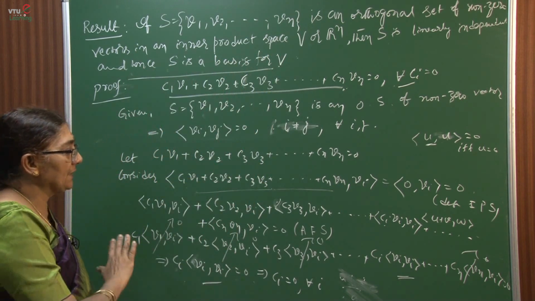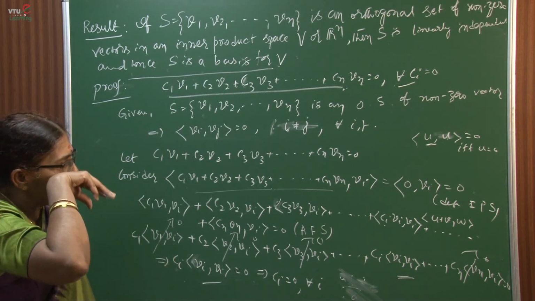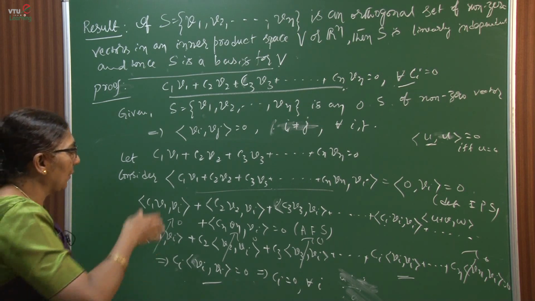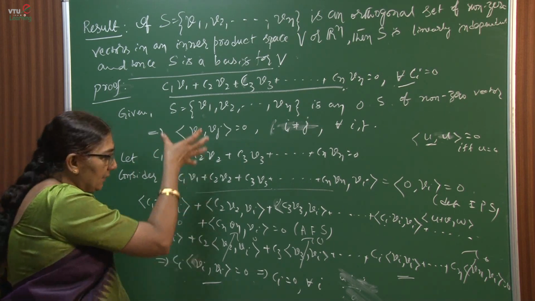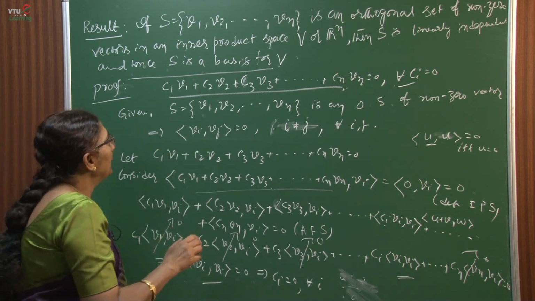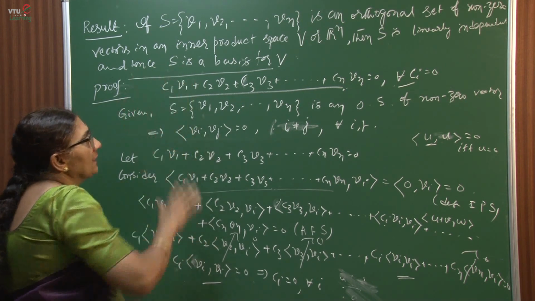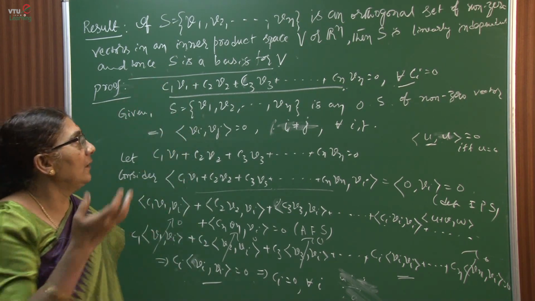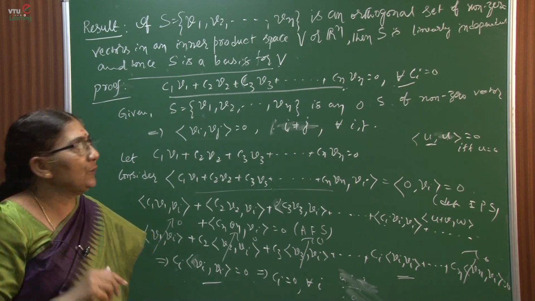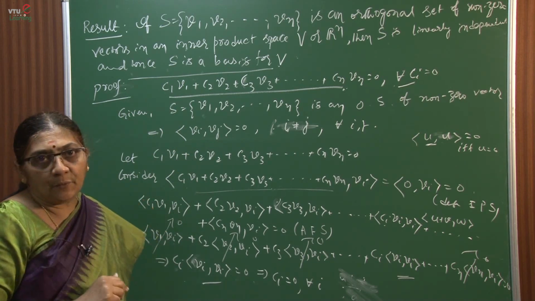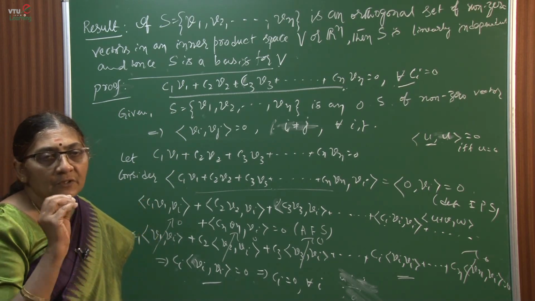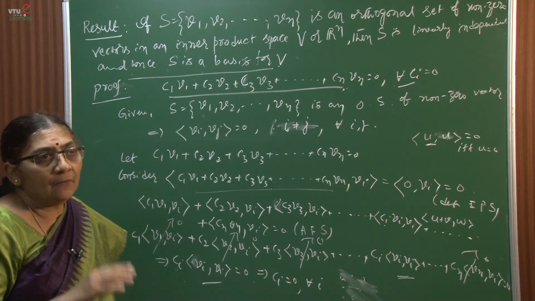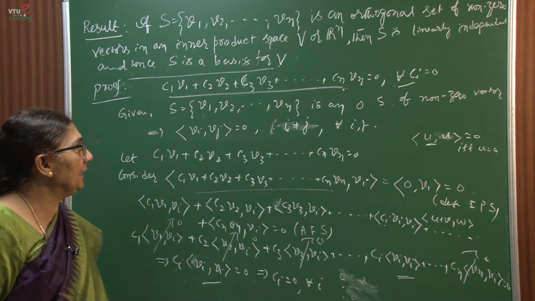Now we have proved that S is linearly independent. Before moving to the next step, this is very important, so I am going to recall the steps within a minute or two. They gave S having n vectors, an orthogonal set of non-zero vectors in an inner product space, with the dimension n and real numbers as scalars. First, I want to show that S is linearly independent.